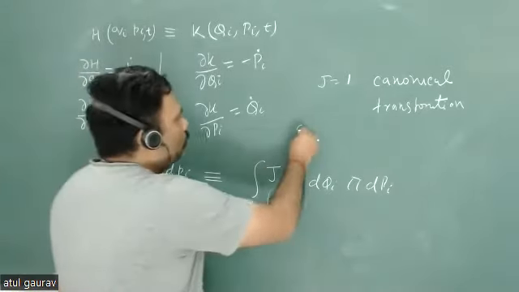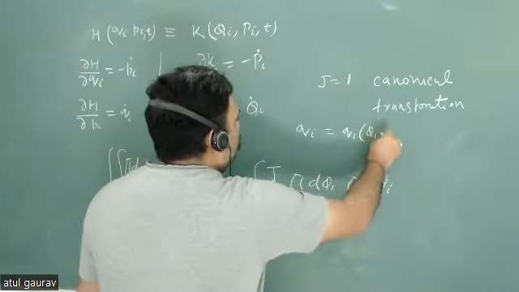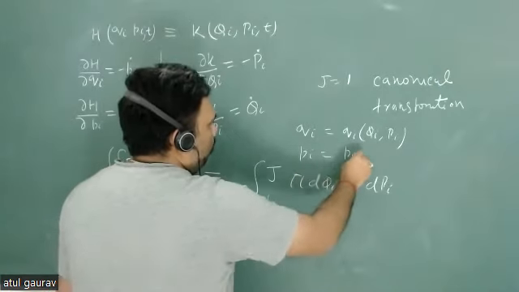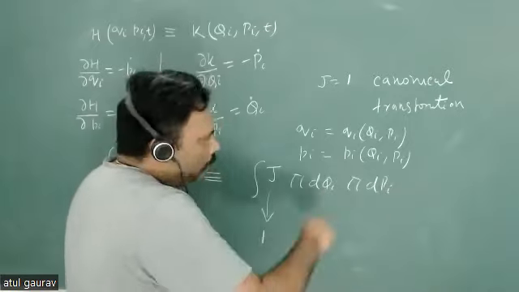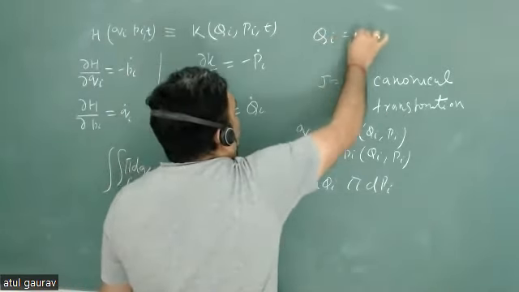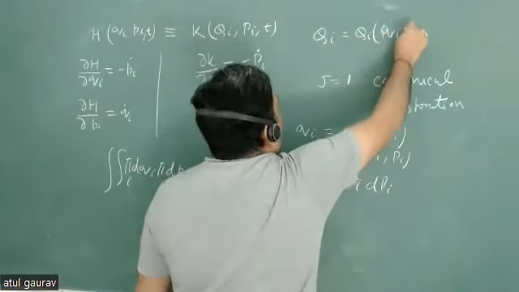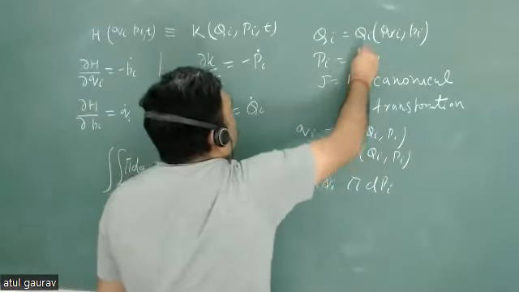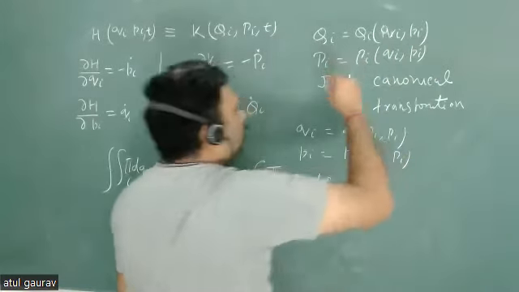You can go from old coordinate system to new coordinate system, capital Qi, capital Pi, or vice versa. You can also write capital Qi as a function of small qi and small pi. And similarly, capital Pi is a function of small qi and small pi.